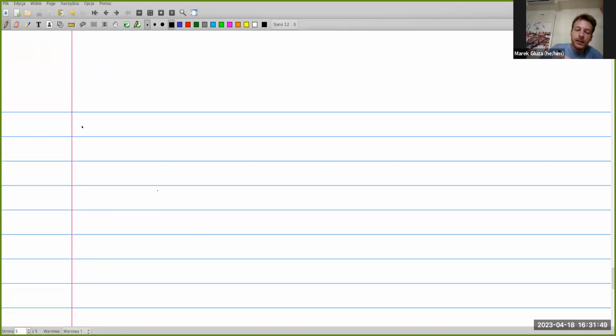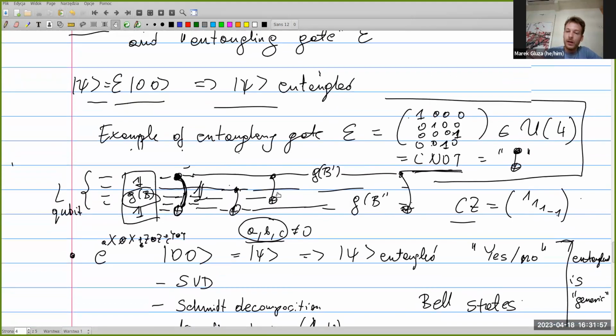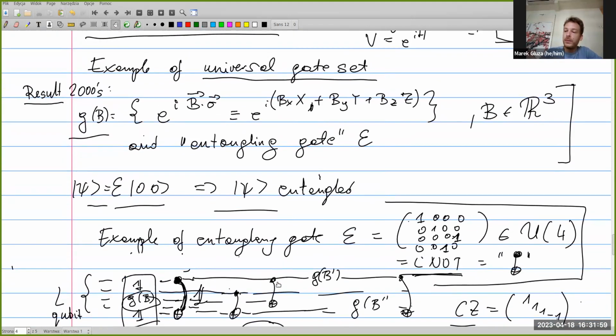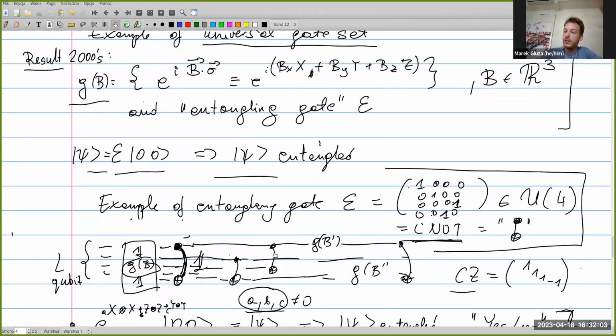One last example that I want to give. This example was explaining that we can have a very simple universal gate set.